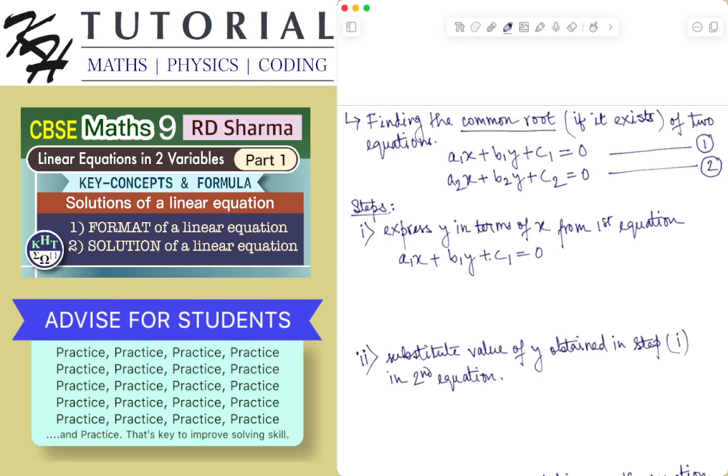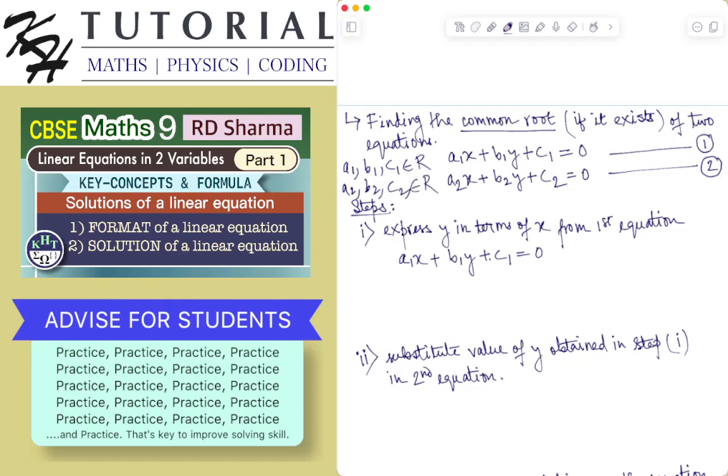This is a linear equation in two variables x and y, where a1, b1, c1 are some real constants. Also a2, b2 and c2 are some real constants.